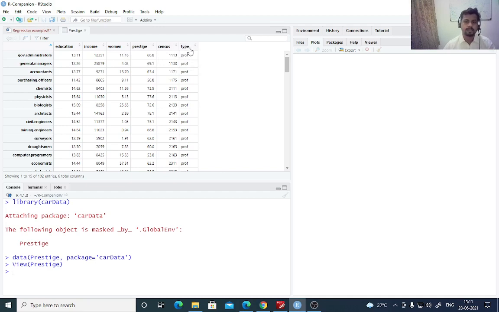So basically this is a categorical variable, and R basically handles the categorical variable in two ways. One is the character type, which stores the categorical variable along with their various categories as character labels. And the other way is to store the categorical variables as factors.